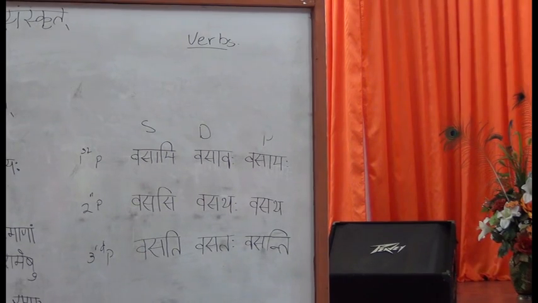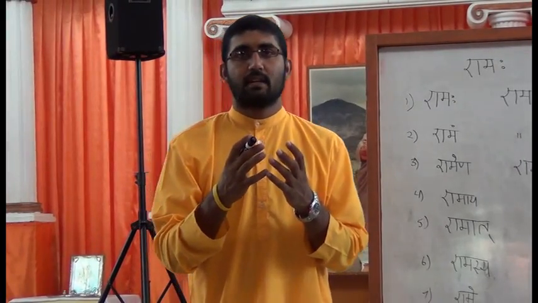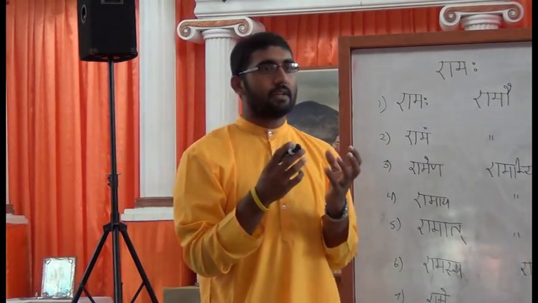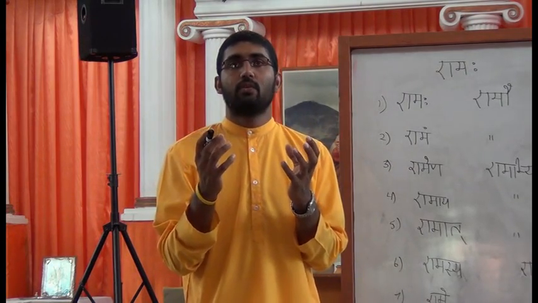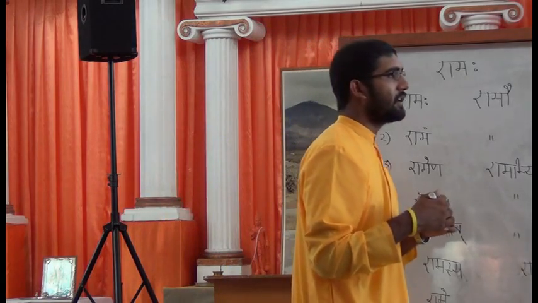In some verbs, you see how we have put and we have vas, they remain the same. Those are called the root words. We just add on the endings. Sometimes there are little irregularities. Those irregularities are very few.